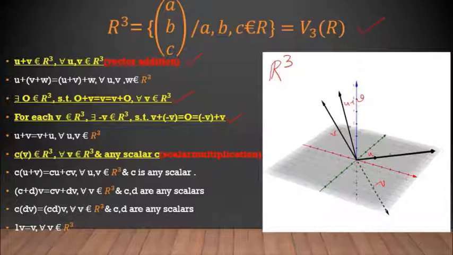Next, scalar multiplication is also closed here. So if I take U, then CU, or suppose this is 3U, 3U is also a vector in the same three-dimensional space. All the other conditions, as I explained for R2, will follow the same way here. So this R3, which is a three-dimensional space, is also a vector space V3 over R.